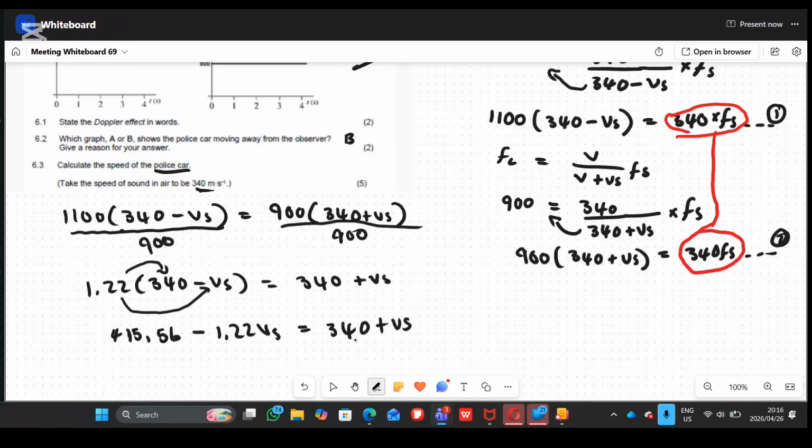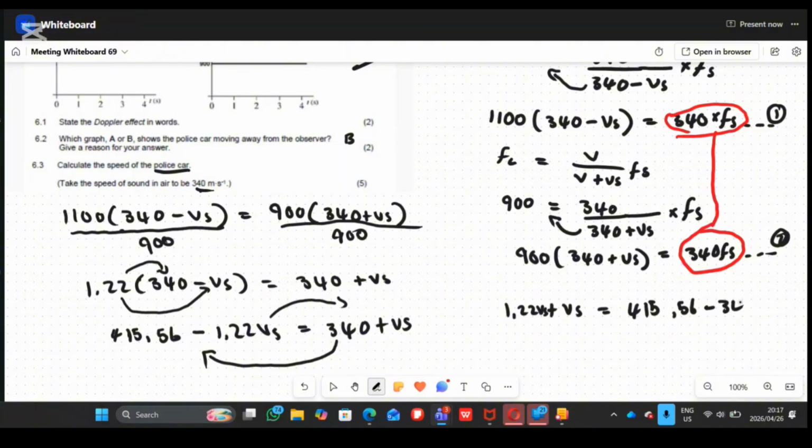So now you are going to take this one to the other side, and then you take 340 to the other side. Like you take constant values to one side and variables to the other side. So by that I mean we are going to say 1,22 Vs plus Vs. This is Vs also. 1,22 Vs is equal to 415,56 minus 340.